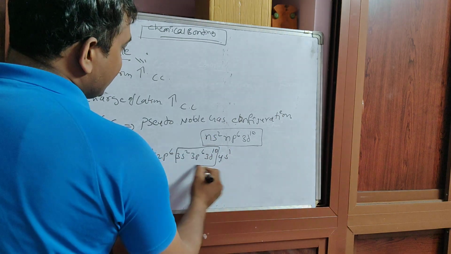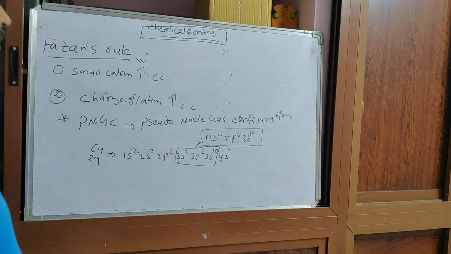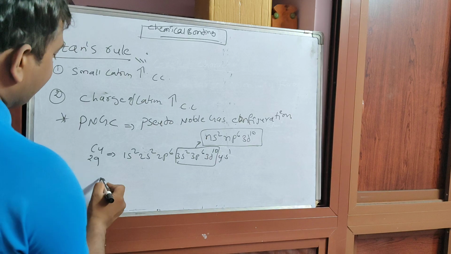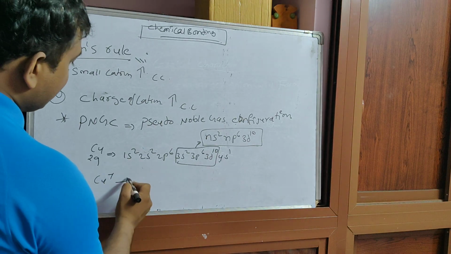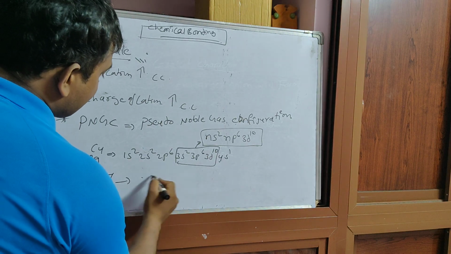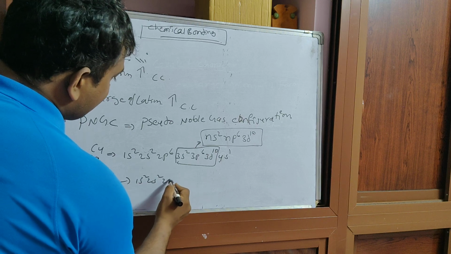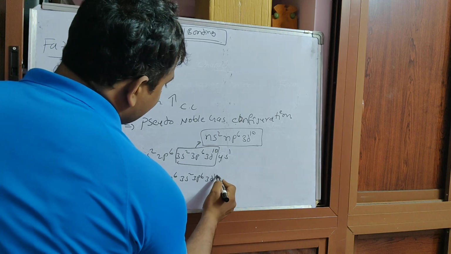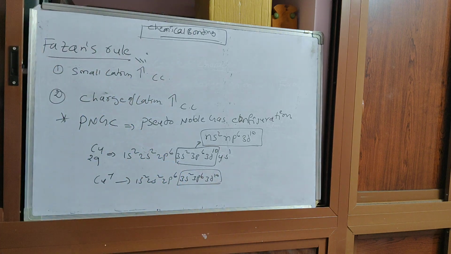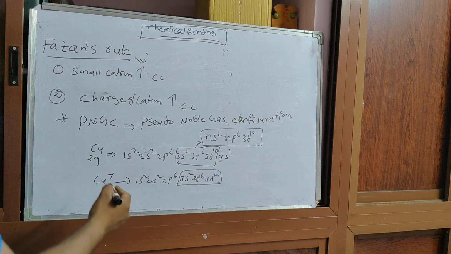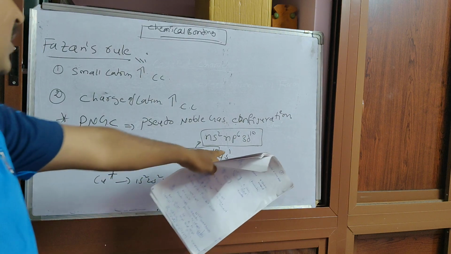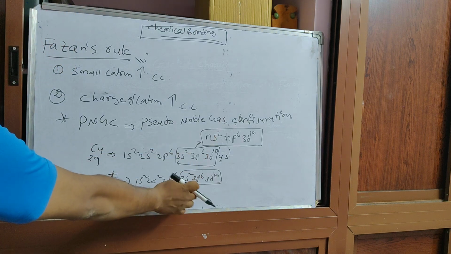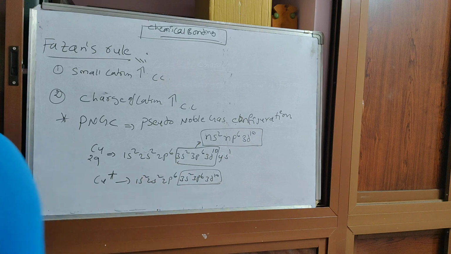When will we get the pseudo noble gas configuration? If one single electron is removed, copper plus, then it gives the configuration 1s2, 2s2, 2p6, 3s2, 3p6 and 3d10. This will show more covalent character, because it obtained the pseudo noble gas configuration.